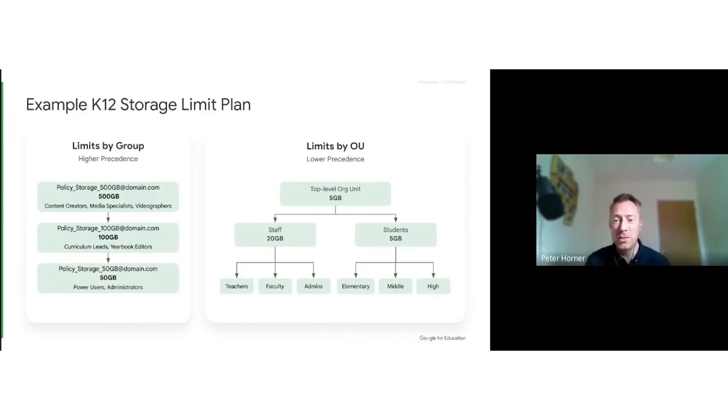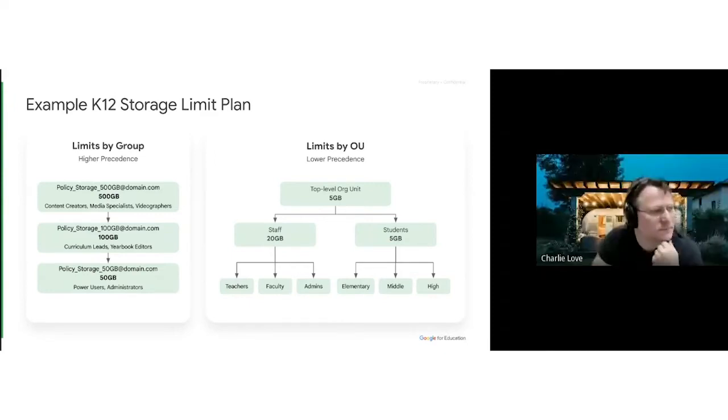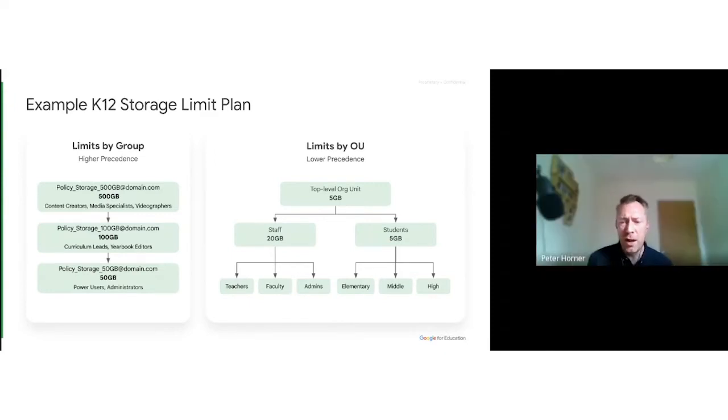But for exceptions, the best way of managing that is through groups. So what you can do here is have some created groups with a storage policy already applied to those groups. And if there are exceptions, so if you have a member of staff who is teaching media and you've got lots of videos, then you can drop them into one of the other storage policy groups, and they get a different policy other than what's already applied to their OU.